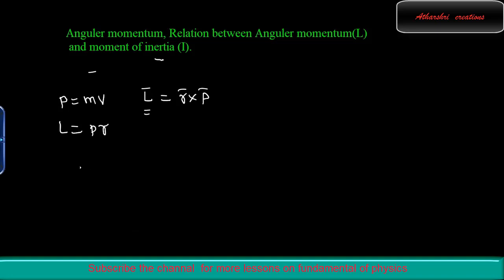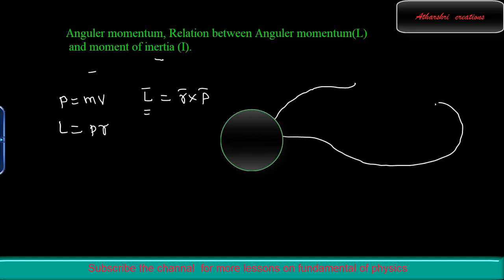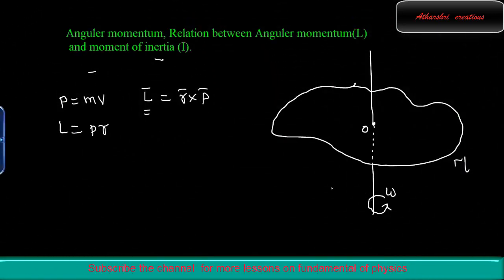For this, let us consider a rigid body of mass m rotating about the axis passing through point O. See, this is the axis of rotation. Body rotates in this sense with constant angular velocity omega. Let us consider the body is divided into n number of particles.